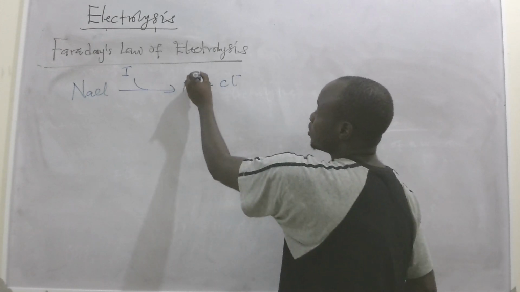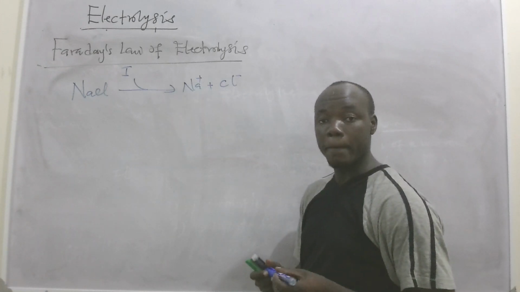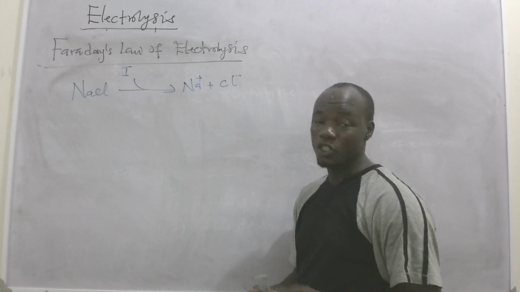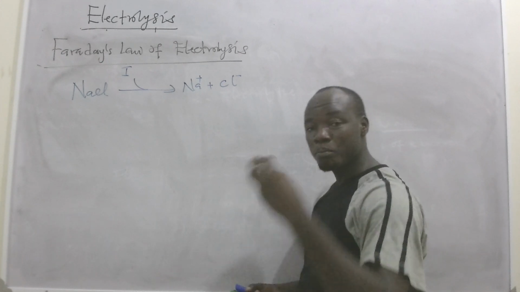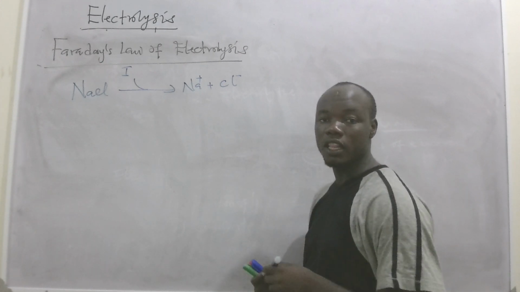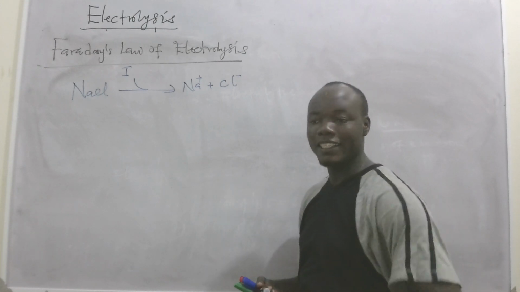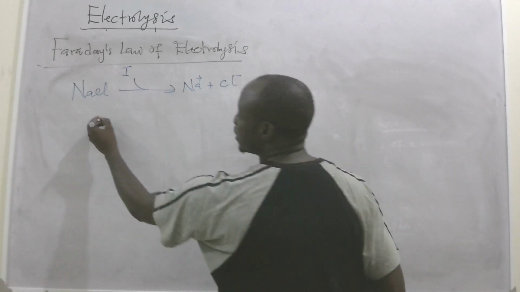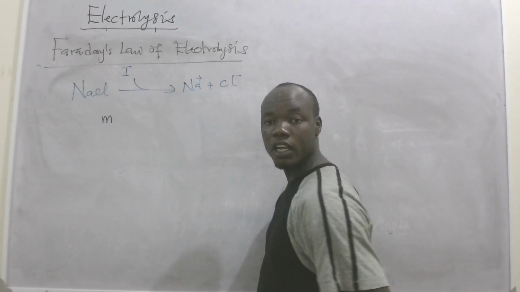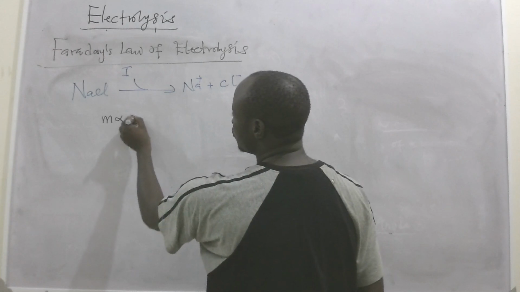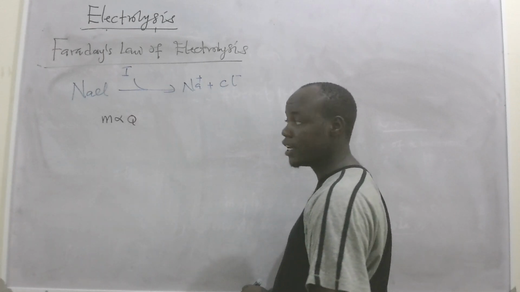So during this electrolysis, the mass of an element is usually deposited. But the mass of the element that is deposited during this electrolysis depends on the quantity of electrical charge that is applied. It means that the mass of the element during electrolysis is directly proportional to the quantity of electricity applied.